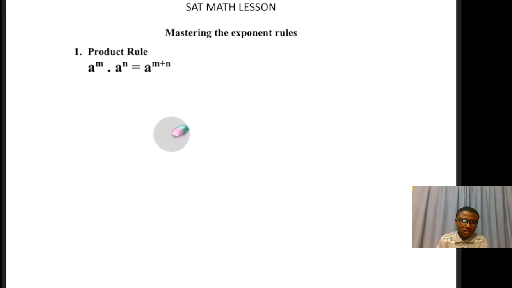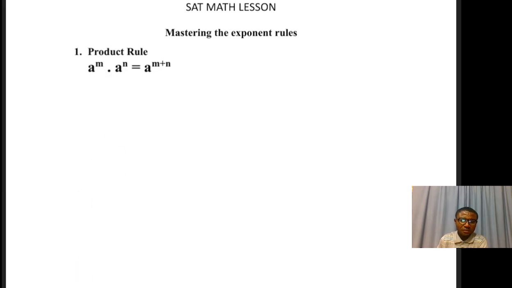Alright, the first one is the product rule. It says whenever you have an expression like this, a to the power of m multiplied by a to the power n, as far as they are the same base, you add the powers.